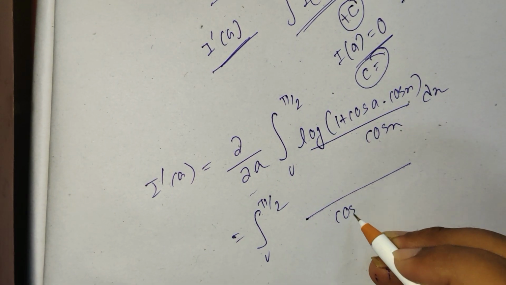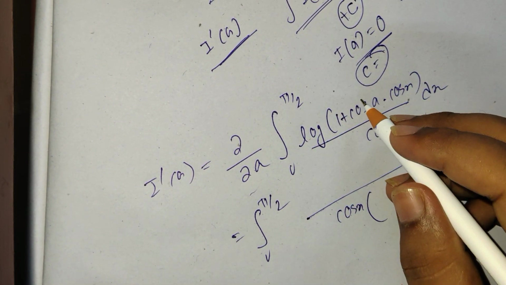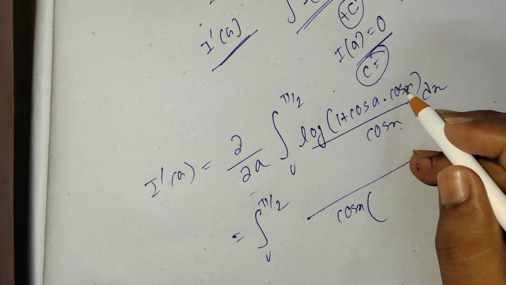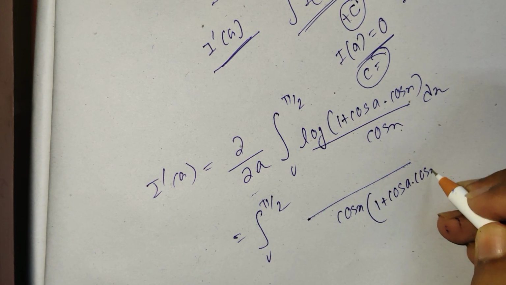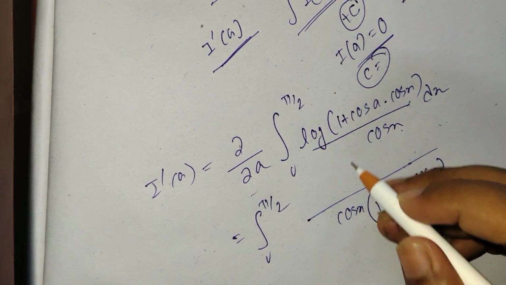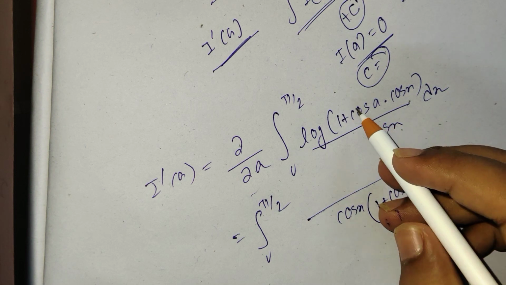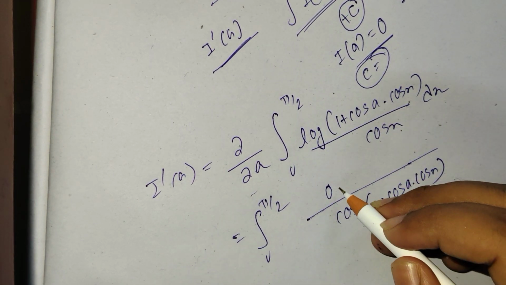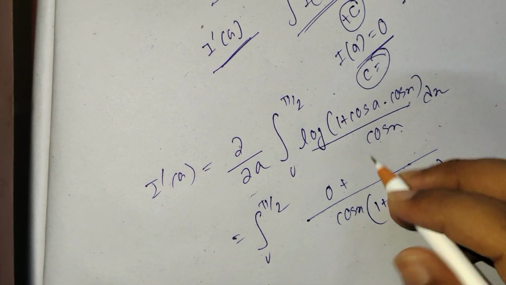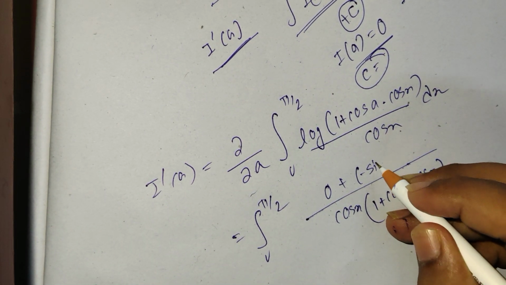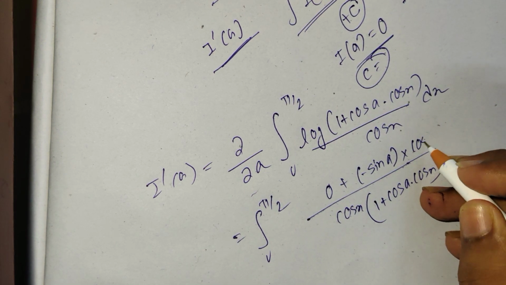This is cos x into the differentiation of the numerator, which is 1 plus cos a into cos x. For the upper portion, we have to do the differentiation of the inner function, where the 1 will be 0. This is cos a, so this is minus sin a into cos x into dx.